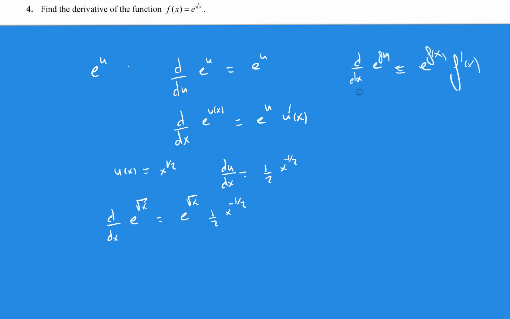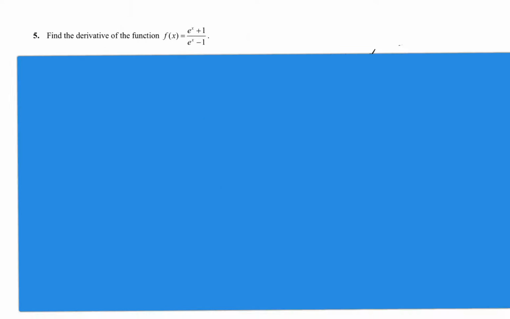If you want to name f of x like u, it's the same thing. So this is the derivative. Now we are going to find the derivative of this expression. This expression is the quotient of two functions. When you have f of x equal g of x divided by h of x, what is the derivative of f of x?